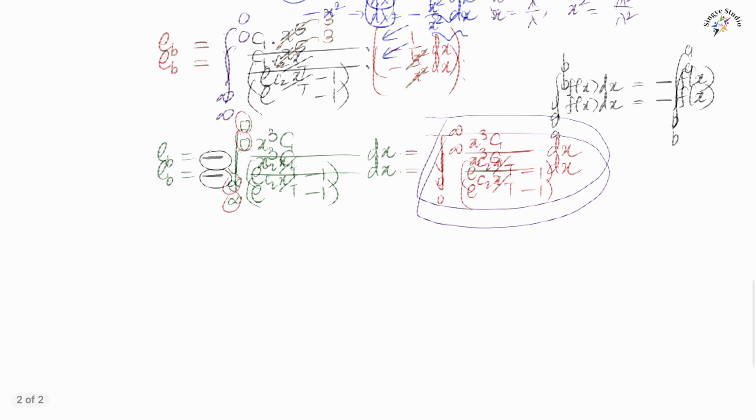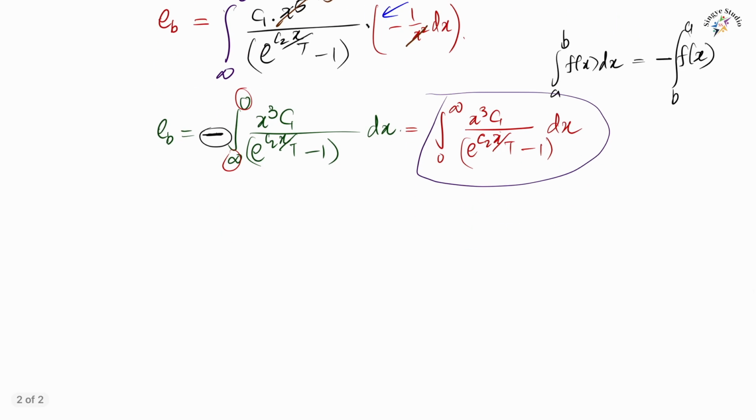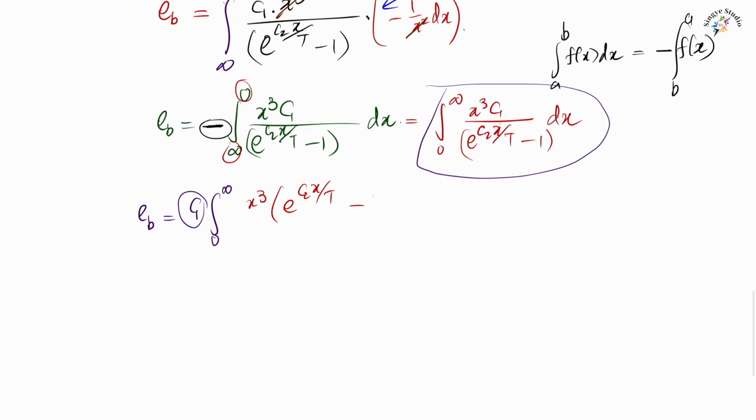Now our job is to find the value of the integral of this one. This integral itself is again difficult to evaluate. So what I will do is, I will say E_B equals c1, don't forget, integral from 0 to infinity of x cubed times 1 over e raised to c2 x by t minus 1 dx.